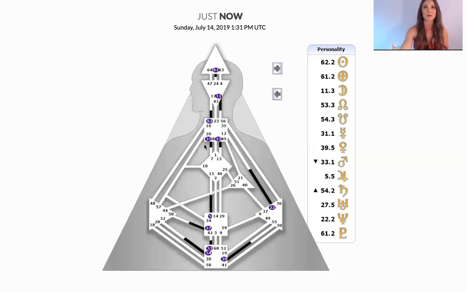They are collective gates in the collective circuitry, about expressing solutions for the collective. And the 31 is this kind of reluctant leader that is chosen by the people, very different from the more tribal 45, for example.